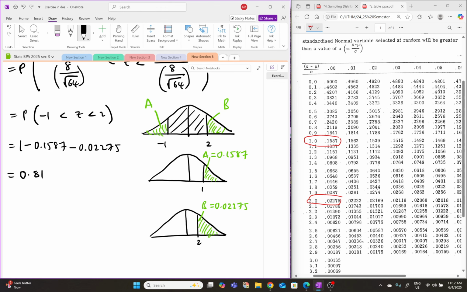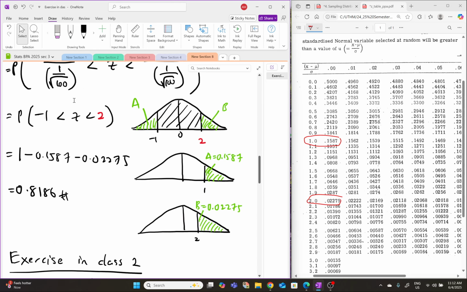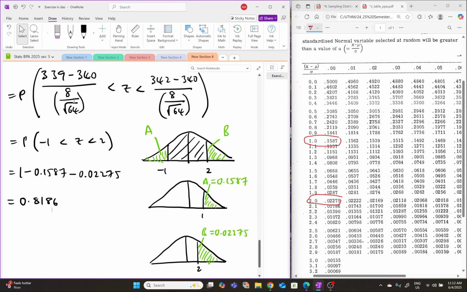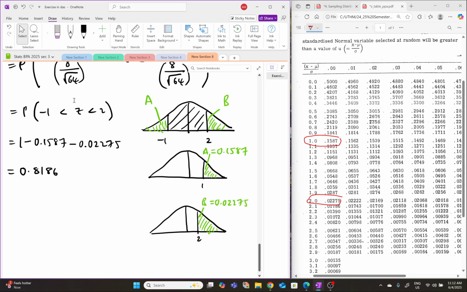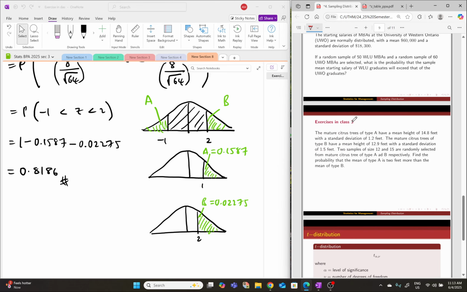The answer is 0.8186. Something similar to this, huh? Right, this is the answer for the C. A bit more.